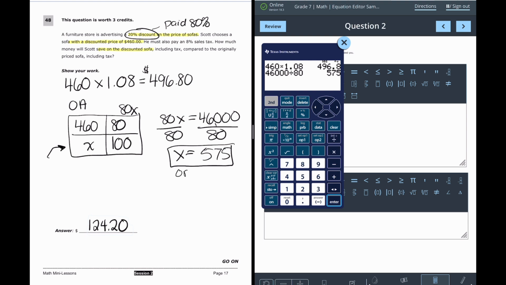Okay, this was the original. But we're not done yet because we also have to do the tax. Okay, so we'll do that part. So we'll do 575 times 1.08.